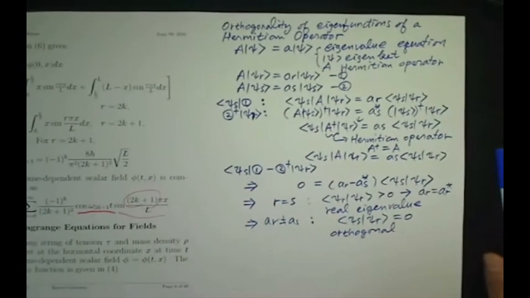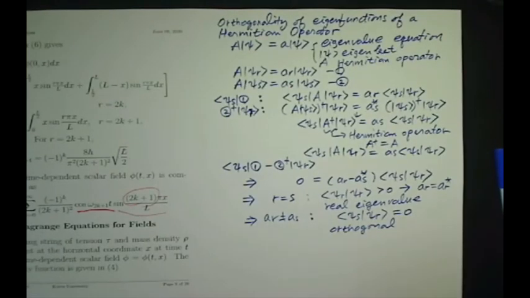Now let us consider orthogonality of eigenfunctions of a Hermitian operator. The equation of motion for the vibrating string was a kind of second order partial differential equation.